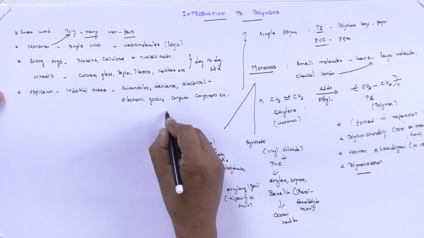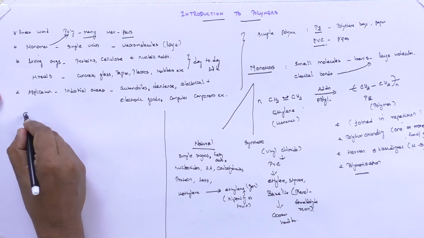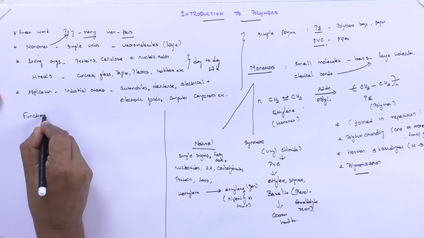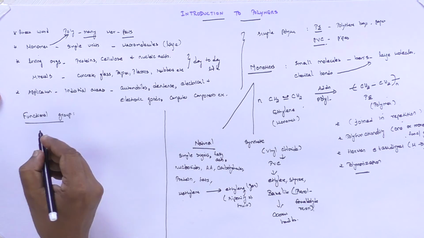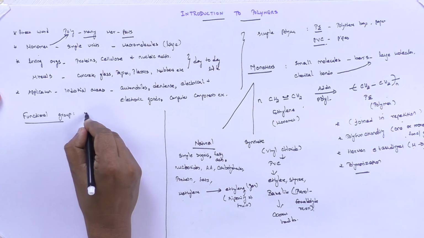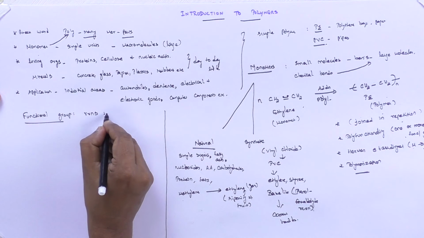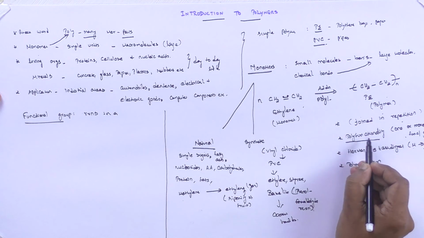Now let us see what is the role of a functional group. A functional group is the group that is responsible for characteristic reactions in a particular compound. I told you a monomer needs polyfunctionality.